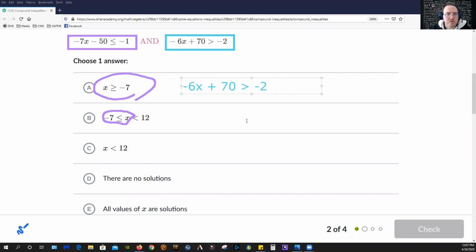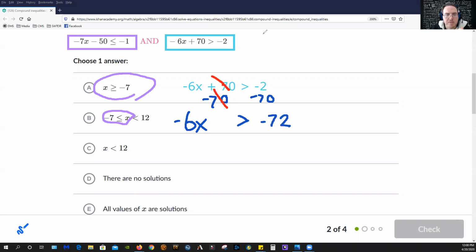Well, if I were to subtract 70 from both sides, I have negative 6x. These are opposites, they make nothing. Is greater than, and then negative 2 minus 70, that'd be negative 72.